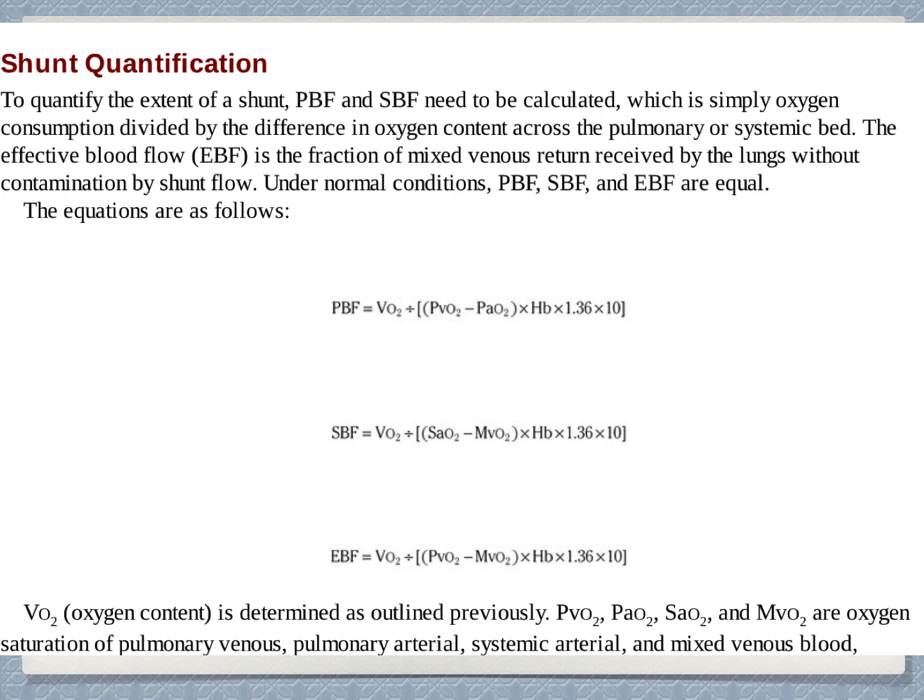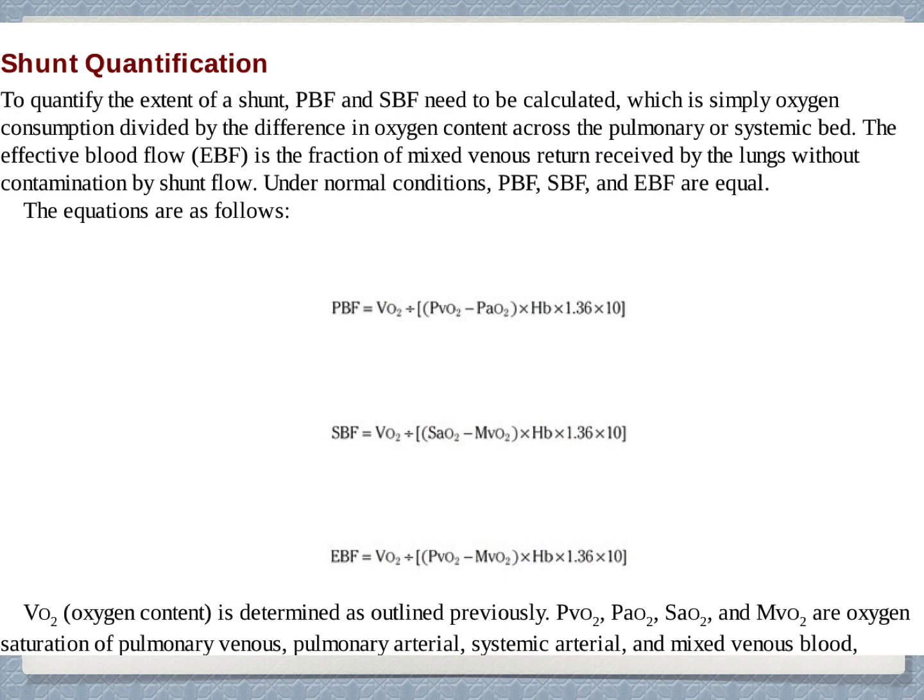How can you do shunt quantifications? Remember that you have to compare pulmonary blood flow to systemic blood flow. This is given by simply oxygen consumption divided by the difference in oxygen content across the pulmonary or systemic bed. That's how you get PBF, which is pulmonary, and SBF, which is systemic.